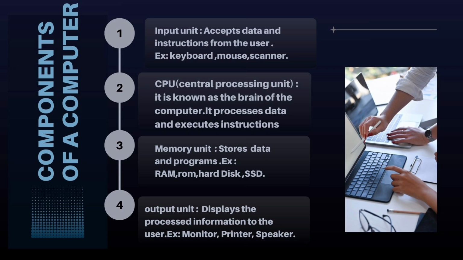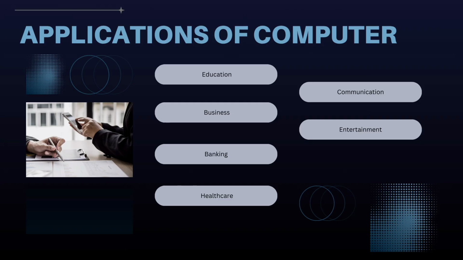The third component is the memory unit. It stores data, programs, and information. Examples: RAM, ROM, HDD, SSDs. The fourth component is the output unit. It presents the processed information to the user. Examples: monitors, printers, speakers, etc. All these components work together to make a computer function efficiently.